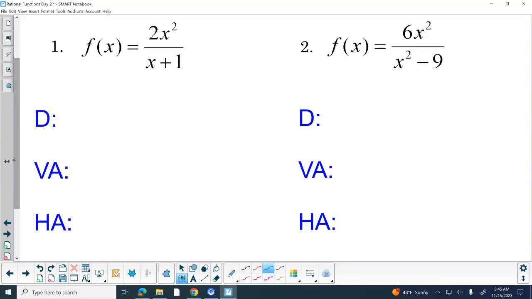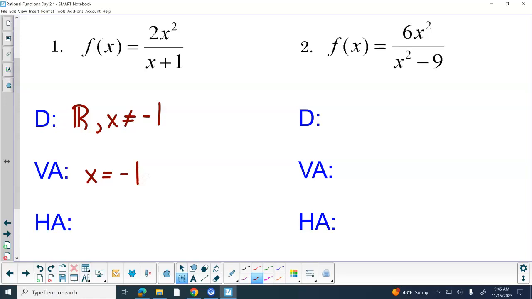What's the domain of this first one? Which means, what's the vertical asymptote? X equals -1. We just take the can't equals part out.